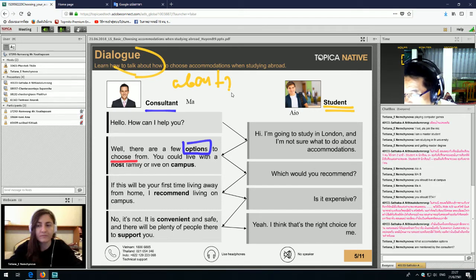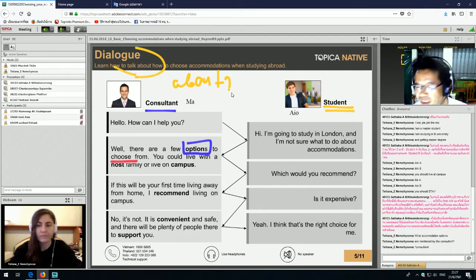Yes, the option is accommodation on campus or off. You can choose to live either on campus or off.